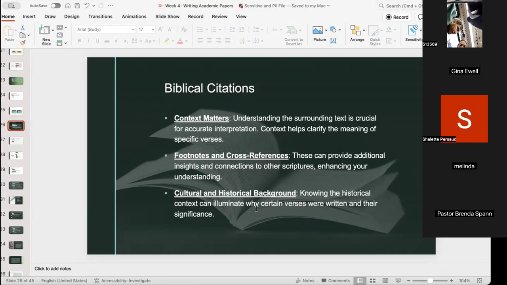Also, knowing the historical context can help us understand why certain verses were written and their significance. For instance, it's important sometimes to know, well, what happened before this verse? Because that might affect why this verse says what it does.